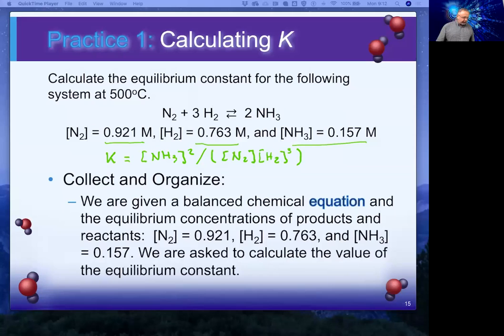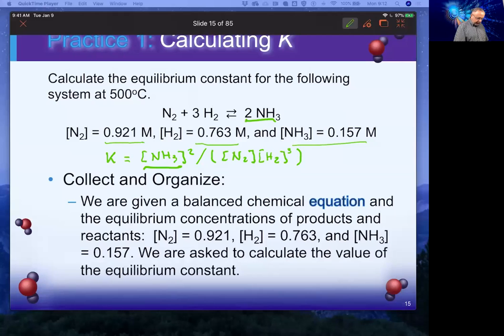I've taken the products as the numerator and the reactants as the denominator. It is the product of them, not the sum. Although here there's a plus because it's the chemical equation, mathematically, when you do the law of mass action, you're going to multiply. And now that you have the equation, you can substitute these values into it and calculate K.